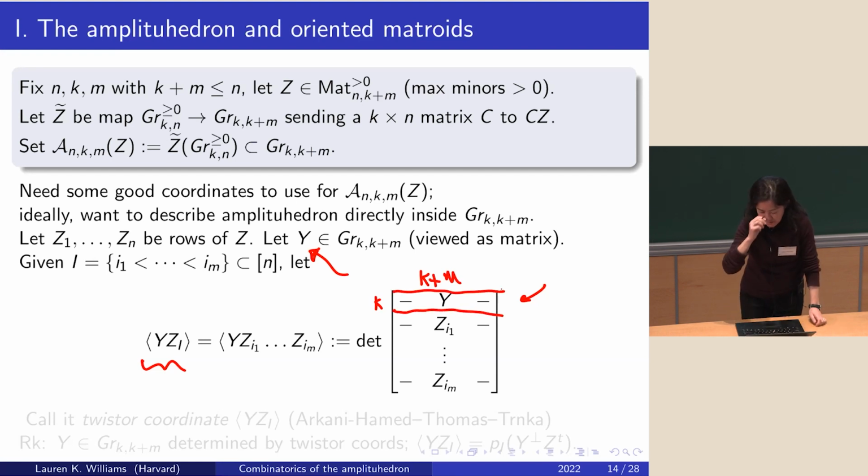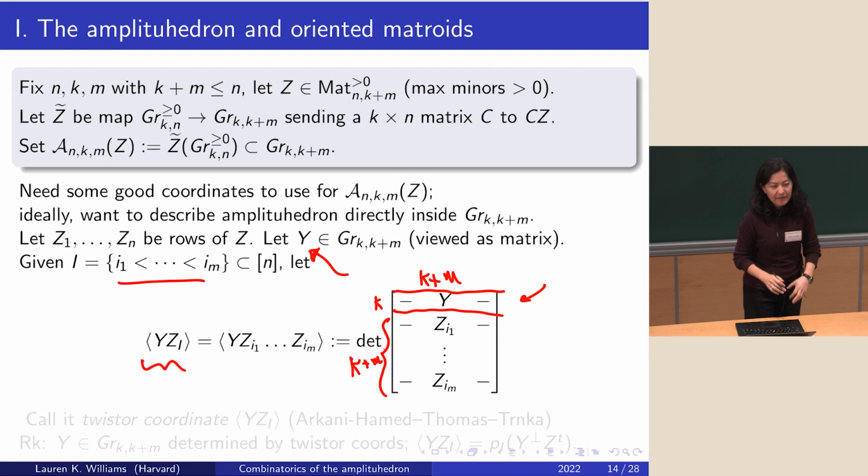Underneath it, I put M rows of Z, precisely the rows of Z corresponding to my chosen subset. Each row of Z is a vector of length K plus M. So I'm basically filling this out to be a K plus M by K plus M matrix, and so we can take the determinant. That's the coordinate that we're using.